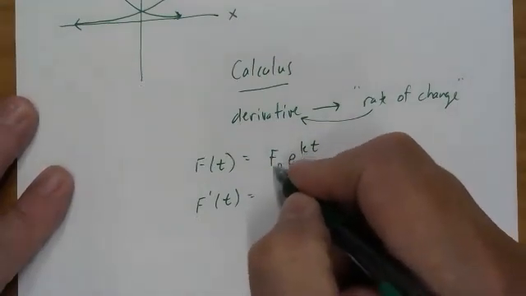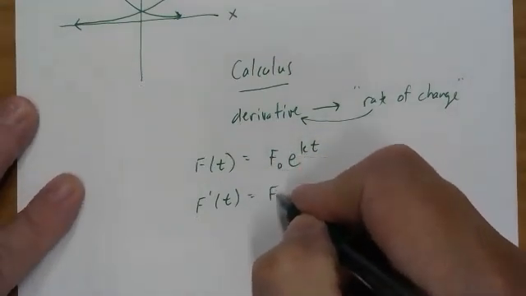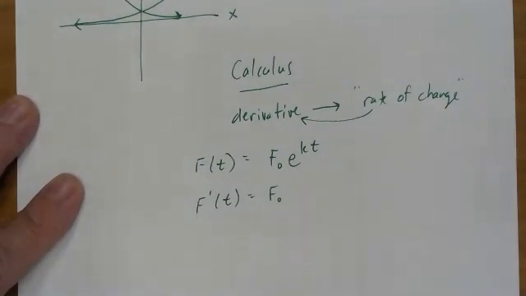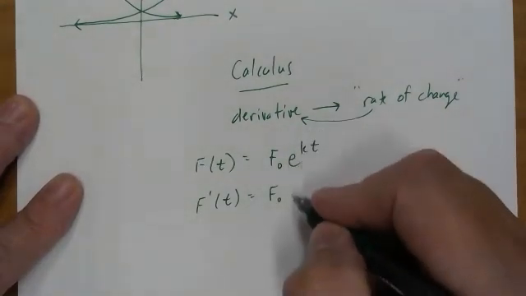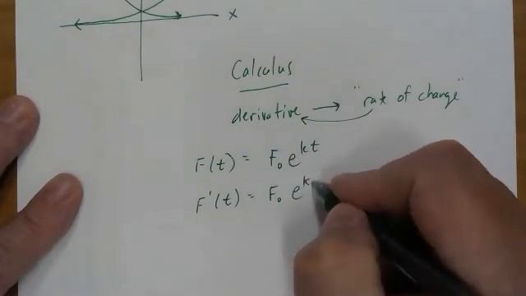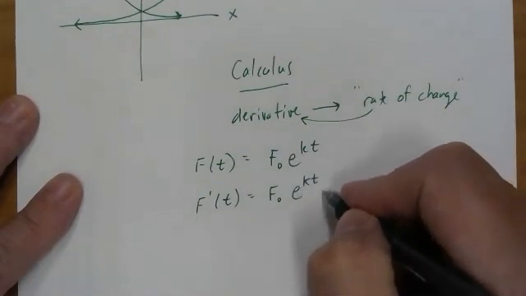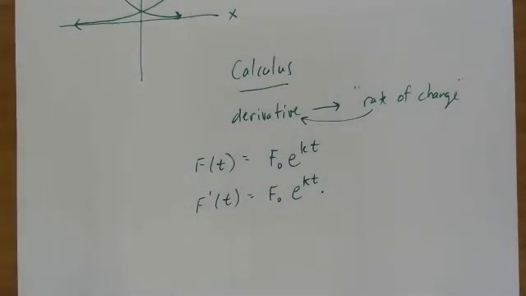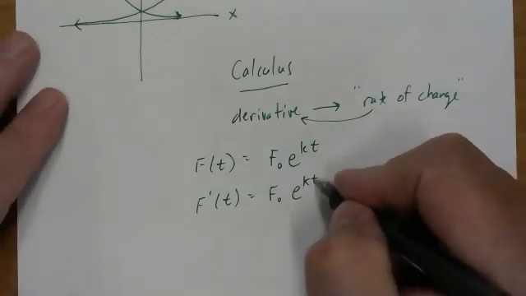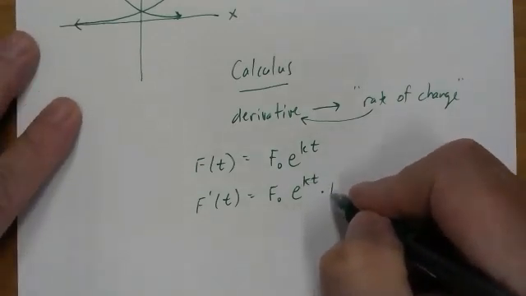Well, first of all, this f naught is just a constant that tags along. So remember, for an exponential function, you copy the exponential function and then you multiply by the derivative of the exponent. Now, t is my variable, so the derivative of kt is just going to be k.